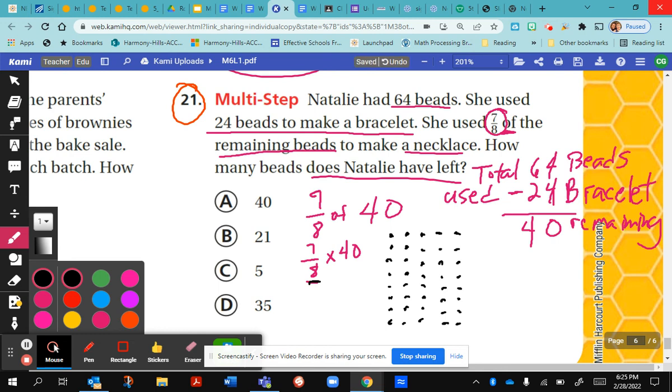Now, out of this 40, what tells me how many I'm going to circle, because I need 7/8 of it? Very good, my numerator tells me how many I'm going to circle. I'm going to start here. That's 1, 2, 3, 4, 5, 6, 7.